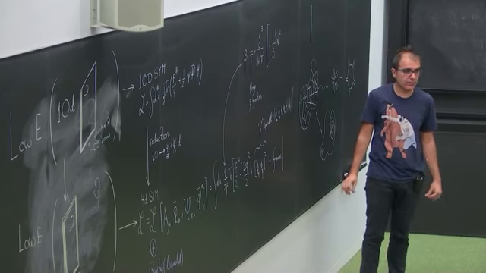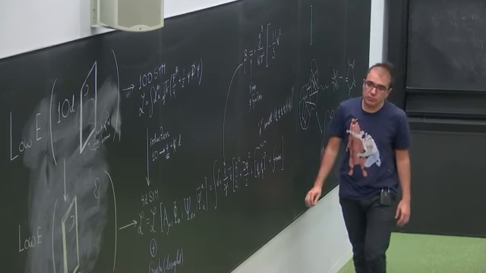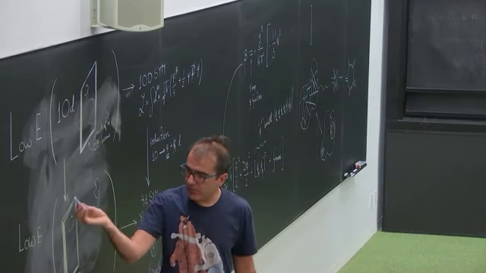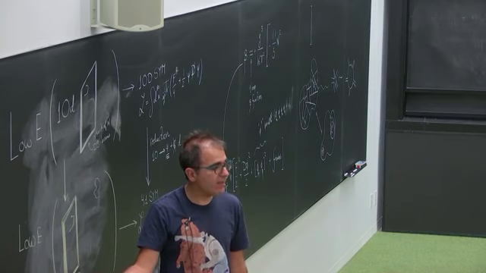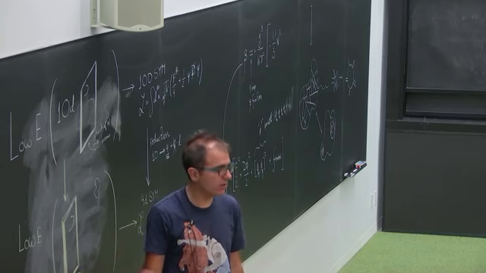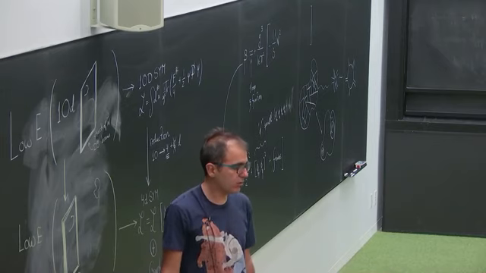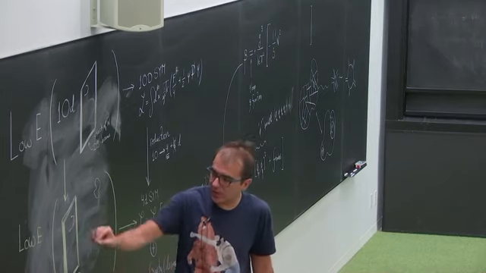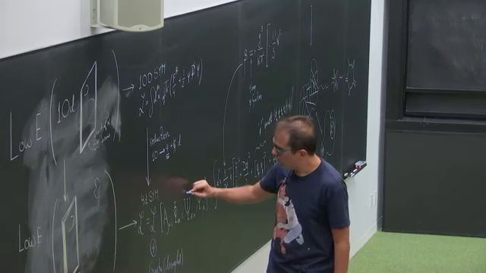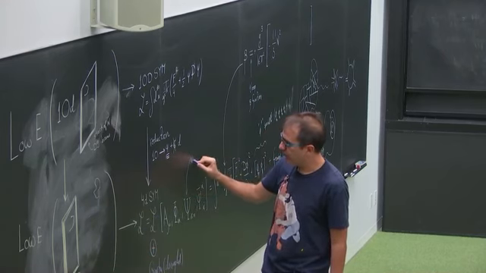That's one reason. But the other reason will come tomorrow, where I will say that I want to have many branes because I want them to back react on the geometry and to have an alternative description. But that is only going to become clear tomorrow. For now, it's a definition. I start with N D-branes, and so I get a theory where all my fields are N by N matrices.